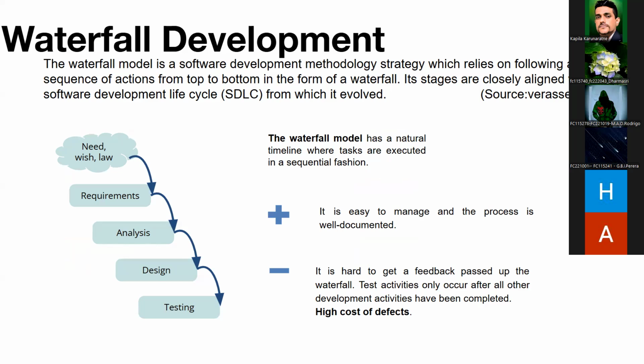Because testing is at the end, there is a huge cost when defects are identified, especially defects in requirements. For the analysis or requirement phases, you have to go back and redo the entire flow again and again, and you might have a huge cost.